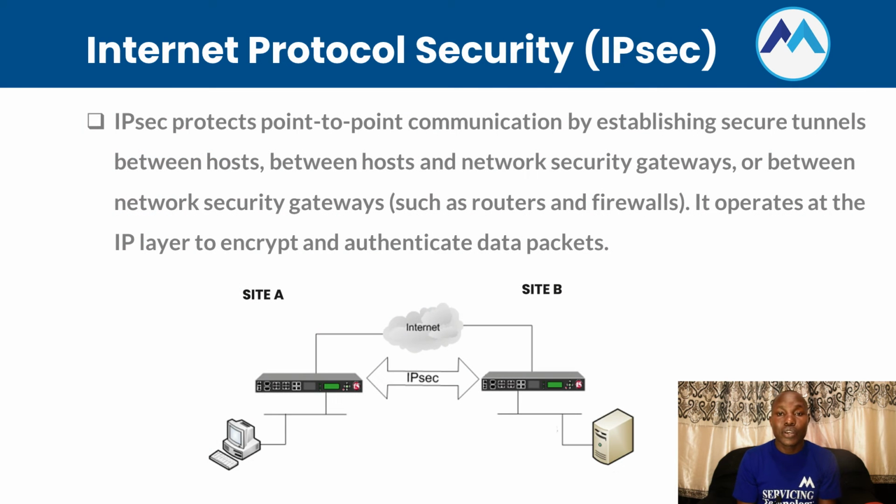IPSec protects point-to-point communication by establishing secure tunnels between hosts and network security gateways, or between network security gateways such as routers and firewalls. It operates at the IP layer to encrypt and authenticate data packets.